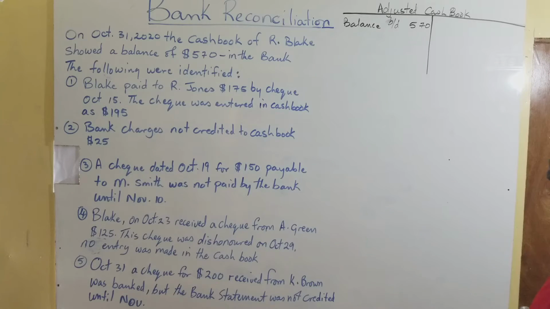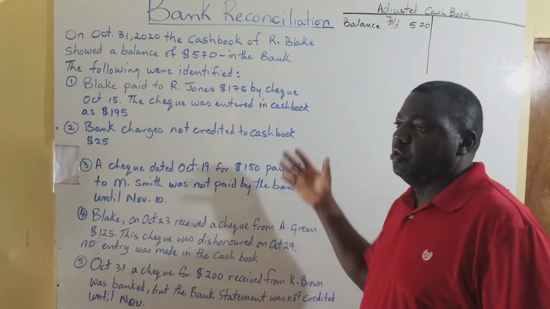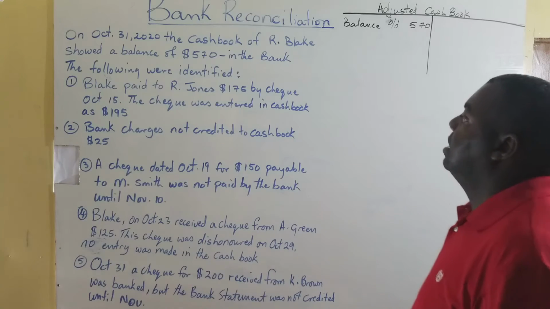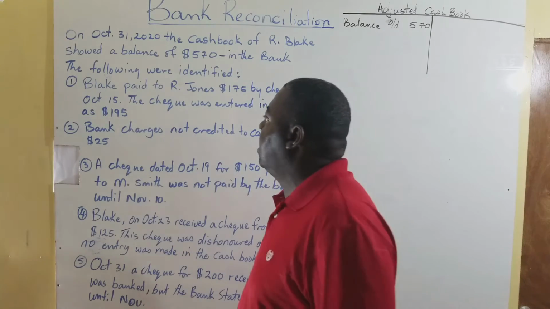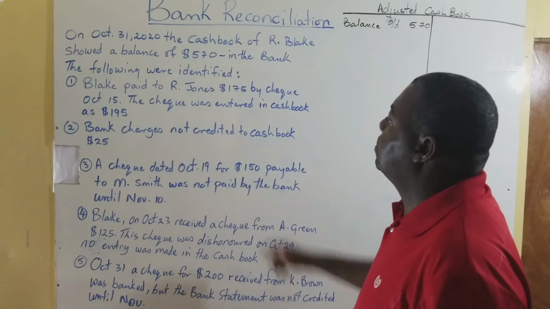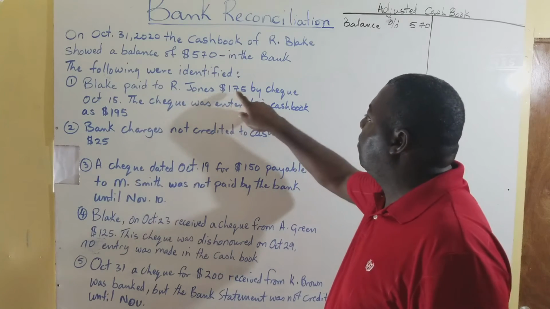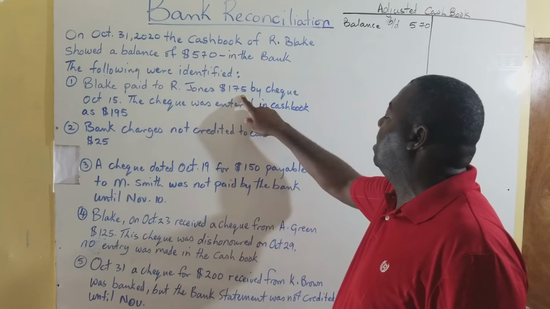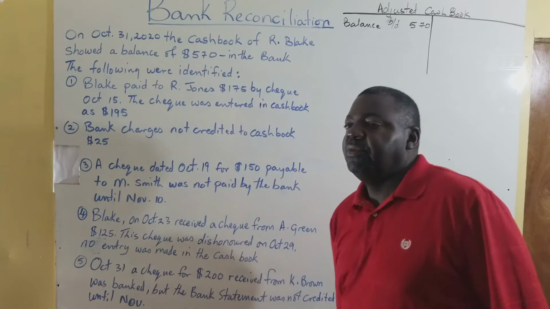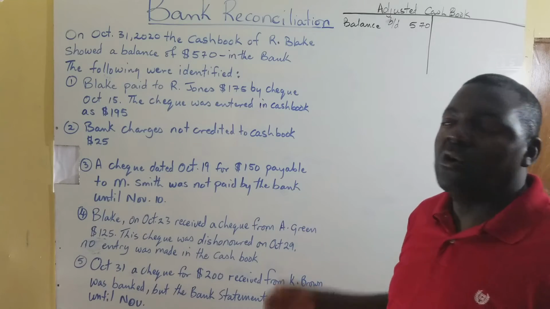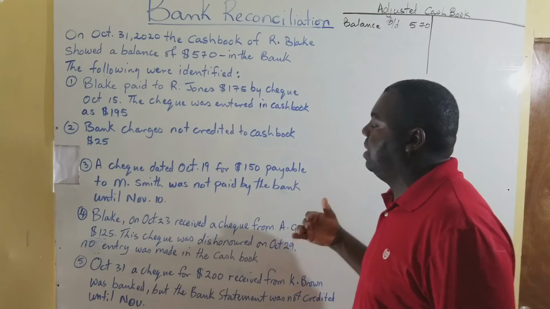Now we're going to see if we can interpret these situations and apply it. In the first instance, Blake had paid some money to R. Jones of $175 by check. Now in this situation, we look at the original transaction that took place.